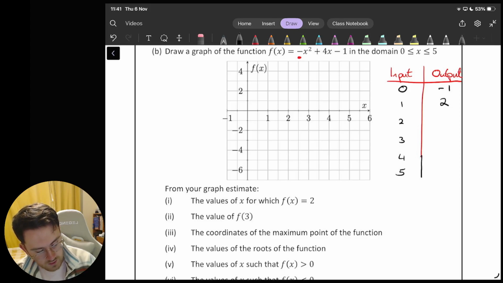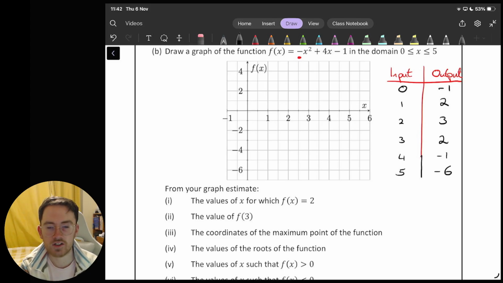That's 2, I think. 2, 3, 2, minus 1. And so minus 25 plus 20 is minus 5, minus 1, minus 6.